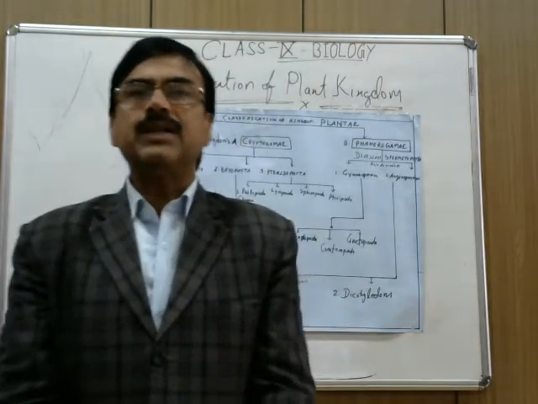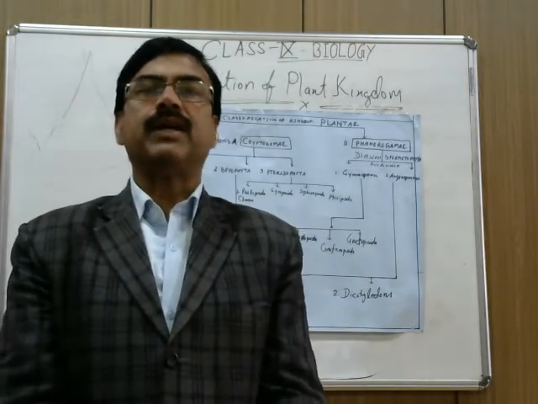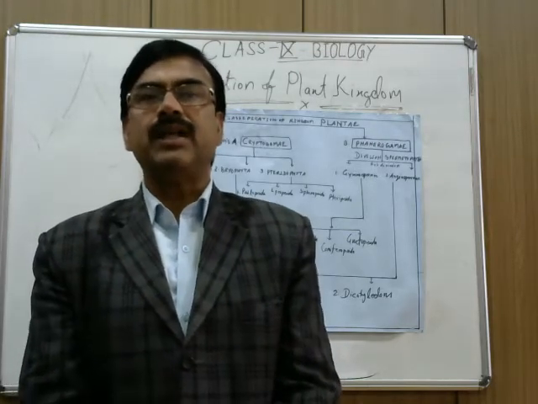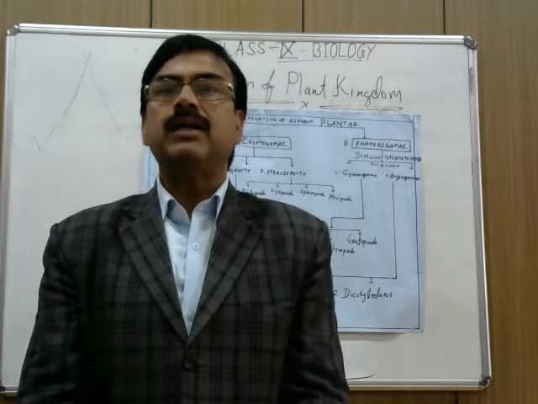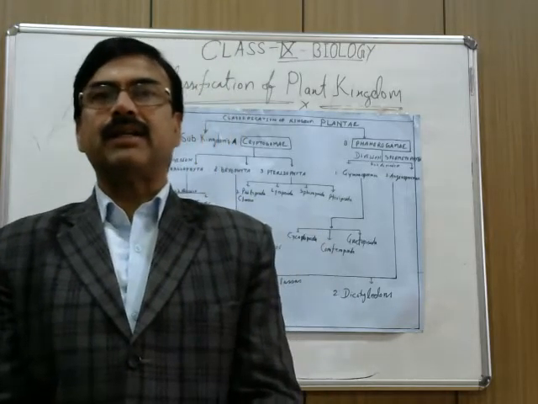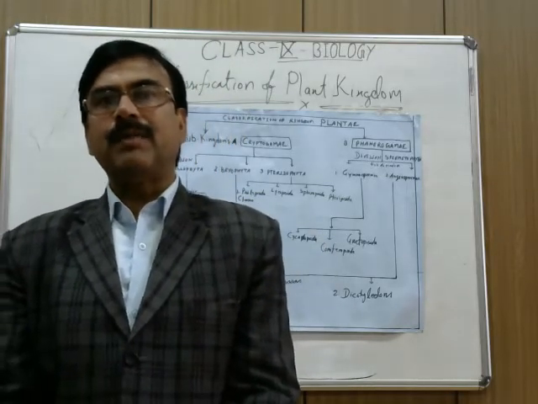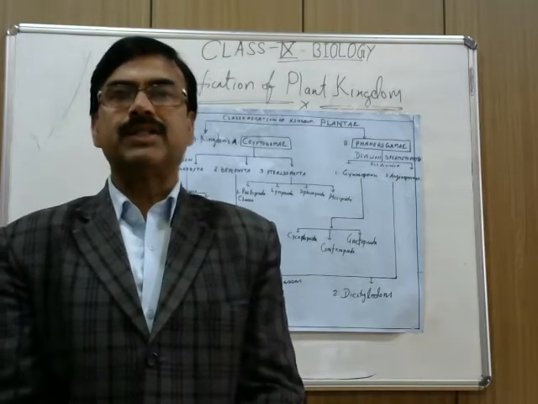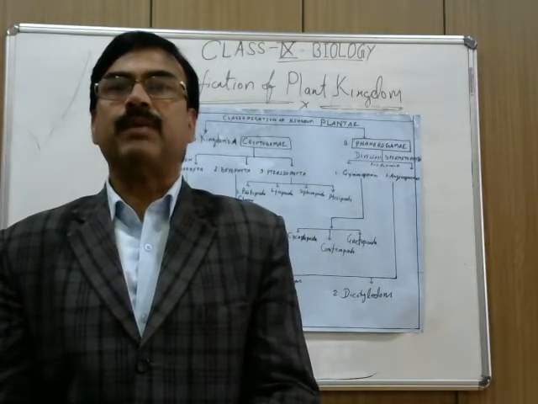In cryptogamous, non-flowering plants are kept, and in phanerogamous, all flowering plants, meaning well developed plants, are kept. In the cryptogamous, non-flowering undeveloped, primitive plants are kept.